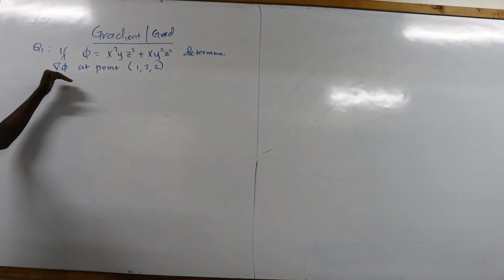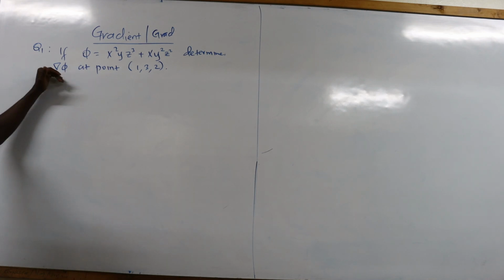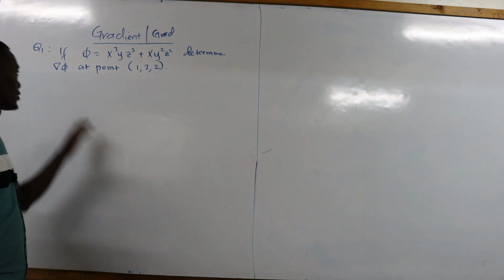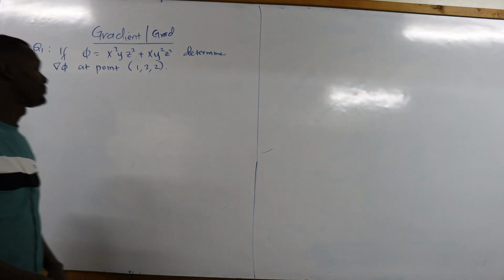Any time you see this, it means you're supposed to get the gradient. Sometimes you might not be told directly to get the gradient, so you need to know the representation of these particular Greek letters.